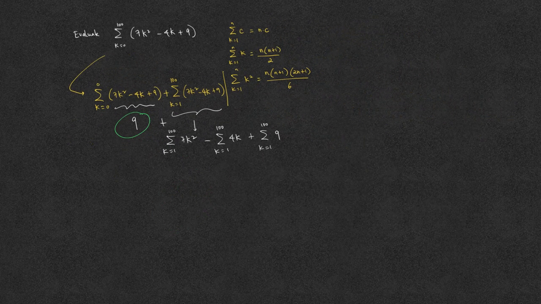We then evaluate the sum as k goes from 1 to 100 of 7k squared. We factor out 7, or we bring down 7.